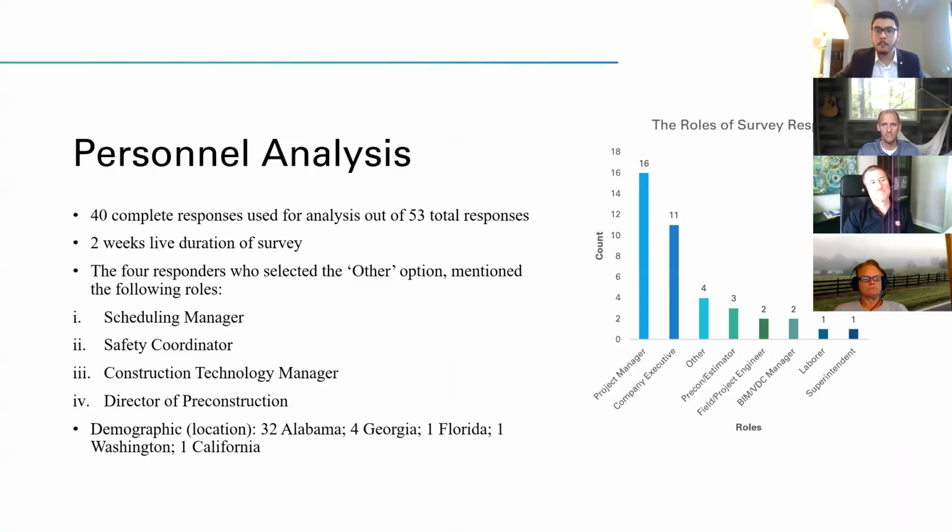And looking at this chart right here, these are some of the roles of the survey responders. As you can see, the most people that we have are project managers and company executives, and the least we have are superintendents and laborers. And this is interesting because we sent this out to companies.